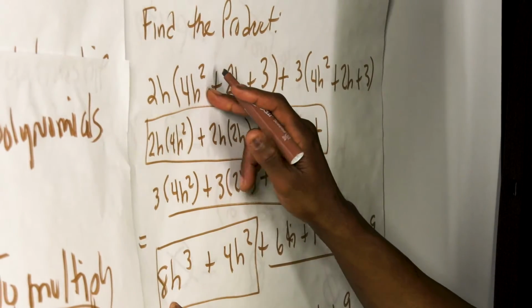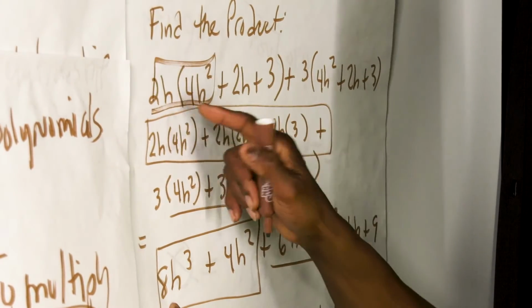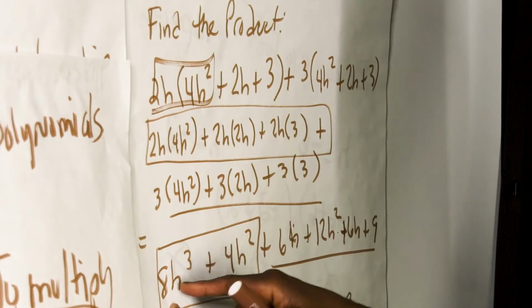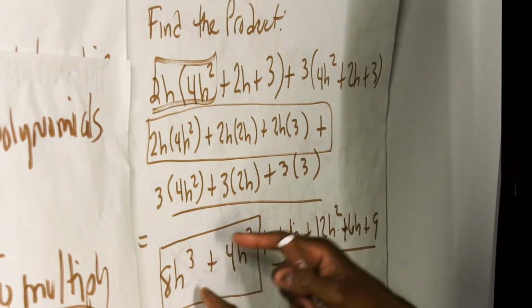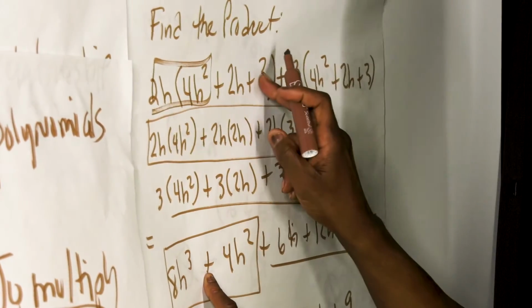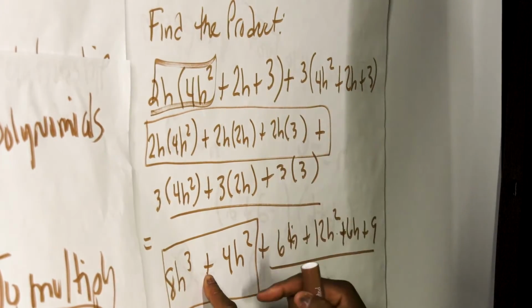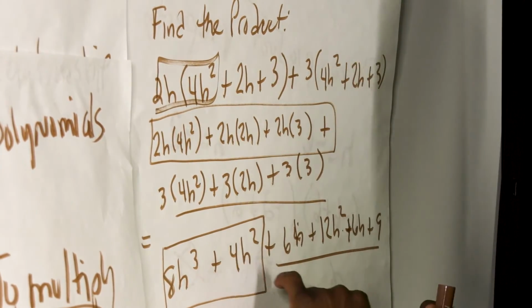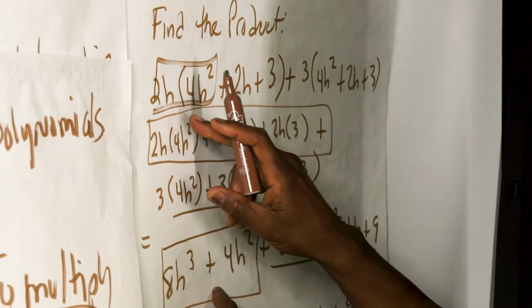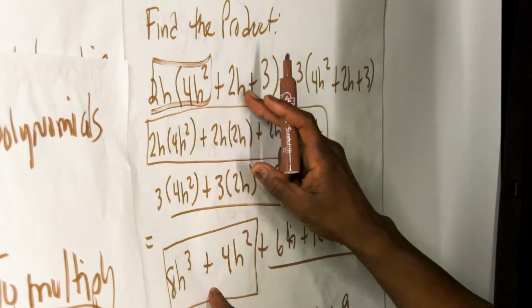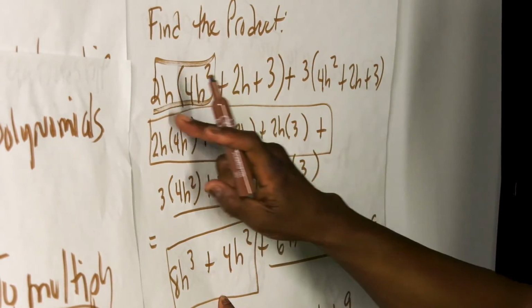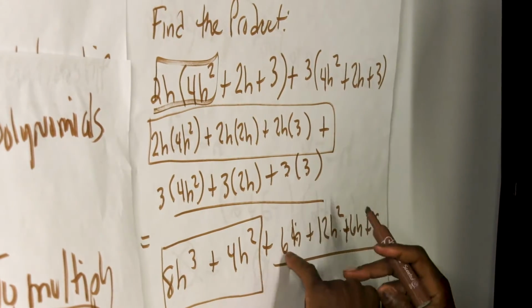So 2h times 4h squared is 8h cubed, plus 2h times 3 gives us 6h. And then over here we have 2h times 2h is 4h squared, and then 2h times 3 gives us 6h.